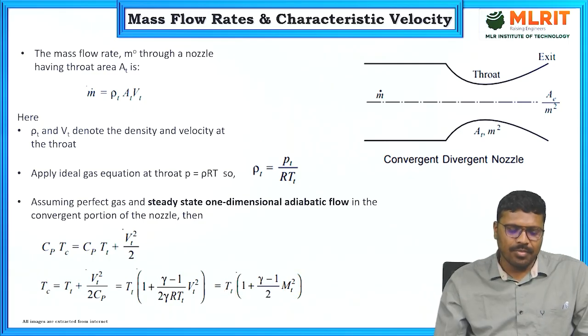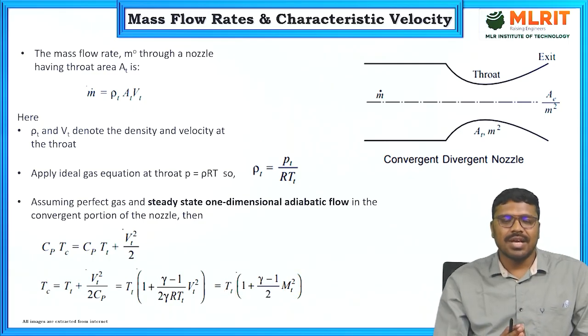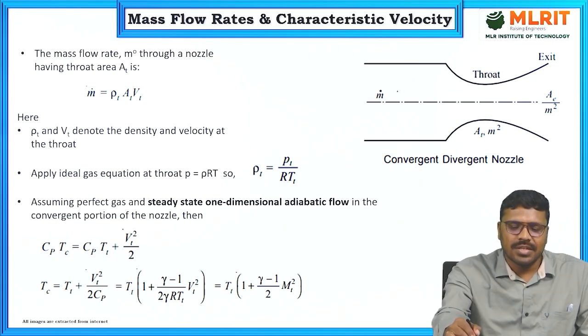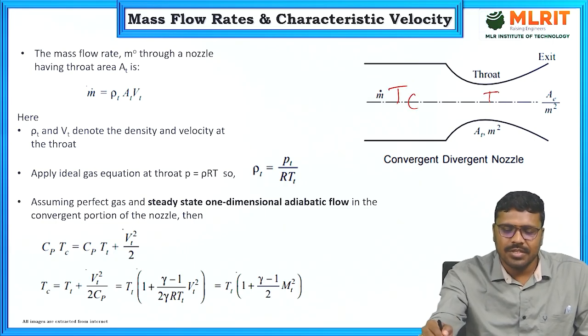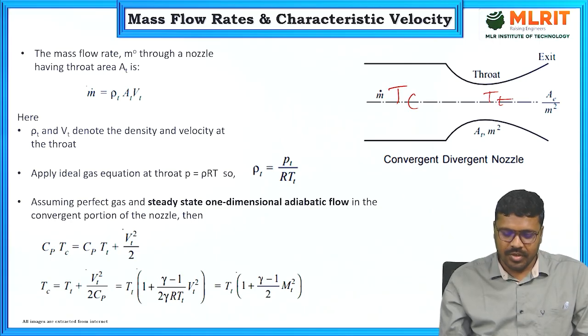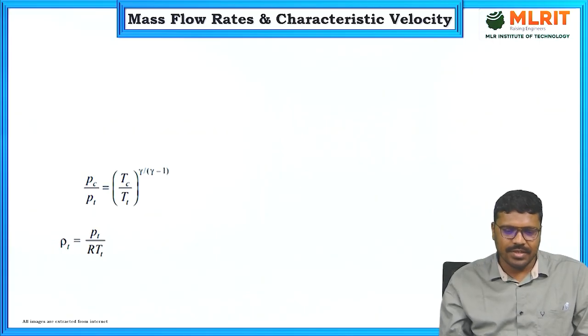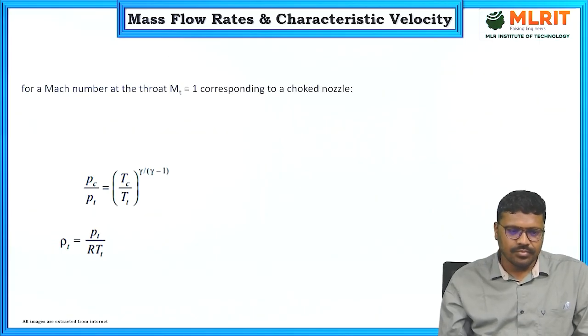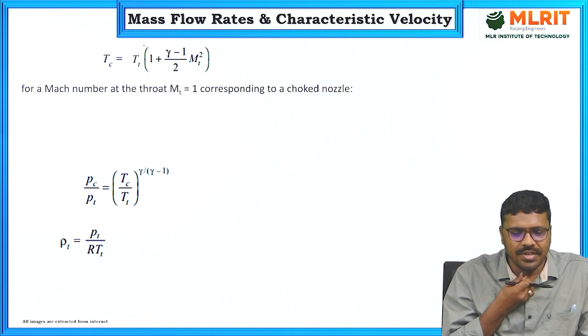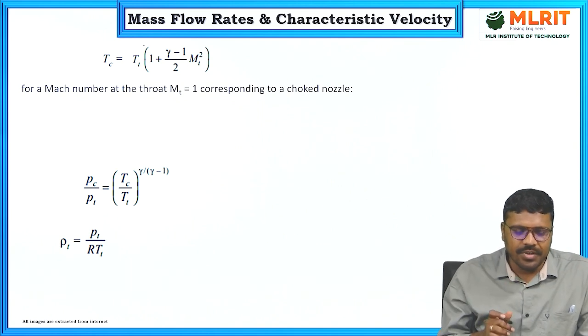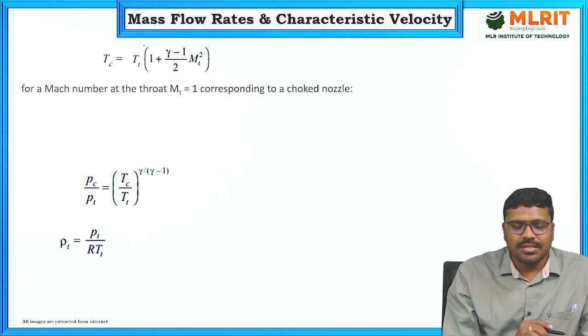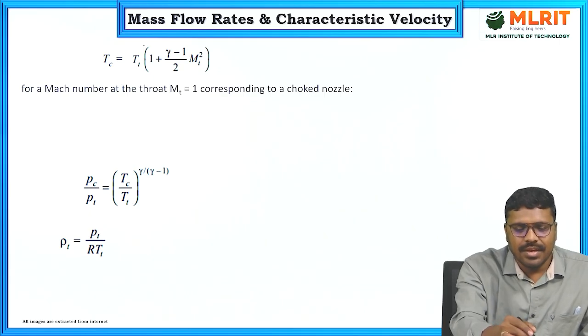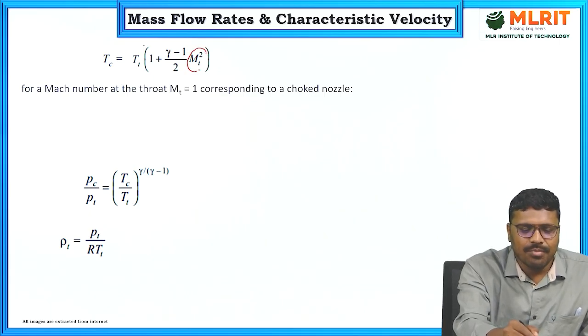Now I want to make this equation a ratio between the temperature in the chamber Tc and the temperature at the throat Tt. Before that, I can substitute one thing here, that is Mt, the Mach number at the throat.